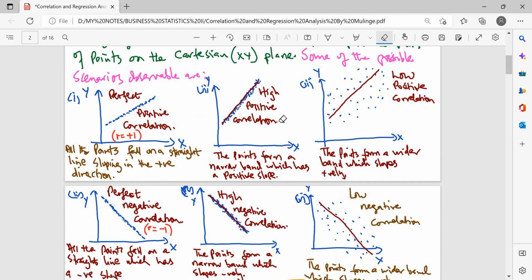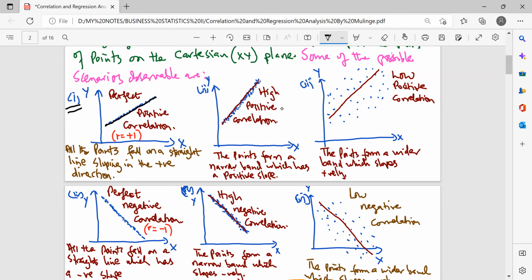For example, you can see scenario number one here. When you plot and all the points fall on a straight line which is sloping upwards like this one, such that you can join all the points using a straight line, then we say that those two variables, x and y, have perfect positive correlation.